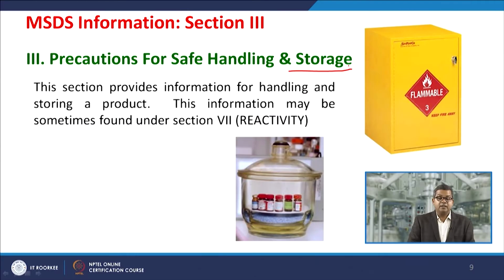So usually this section provides the information for handling and storing a product. This information may sometimes be found under section 7 or under the section on reactivity, because obviously whenever you are storing a particular component, you will ensure that it is not reactive with the material of the vessel in which it is stored.